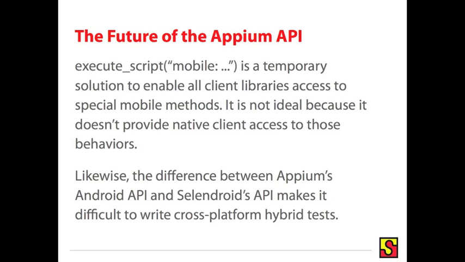So if you have a test currently that works on Android 4.2, it's often not possible to take that exact same code and run it on an Android 2.3 device because of the slight differences that currently exist between Appium's API and Selendroid's API. So Appium is a great way to have access to Selendroid's functionality, but unfortunately, that functionality comes through a slightly different set of commands.